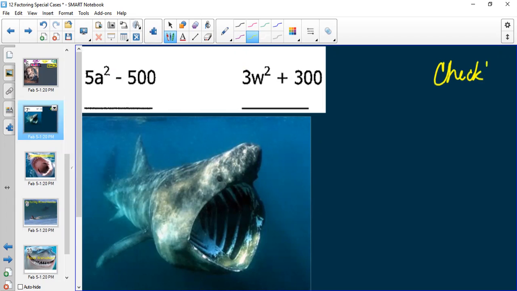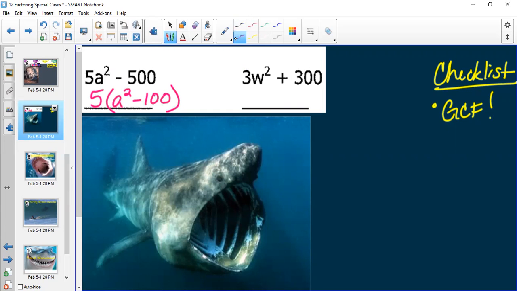Our first thing that we always look for whenever we are asked to factor is to look for a GCF. So this one is a tricky one because it has a GCF of 5. And so when I take out or divide them each by 5, I end up with a perfect square, and they are having their differences.